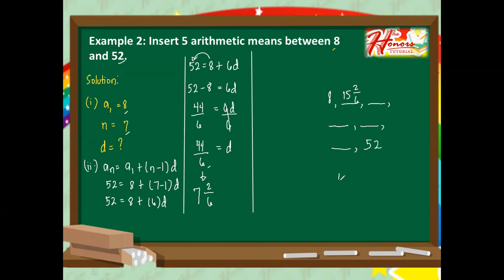Let me show it to you how it is done. Add the whole number, so that is 22 here. And then add the numerator, so that is 4 over 6. And that's it.